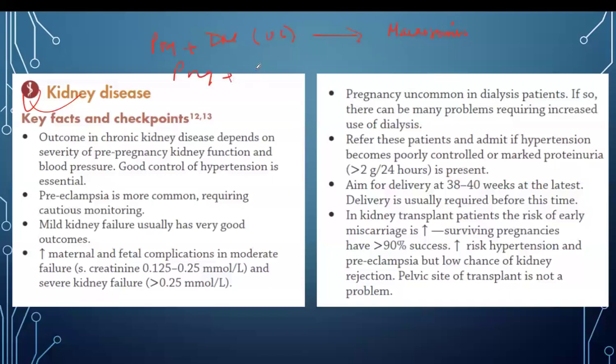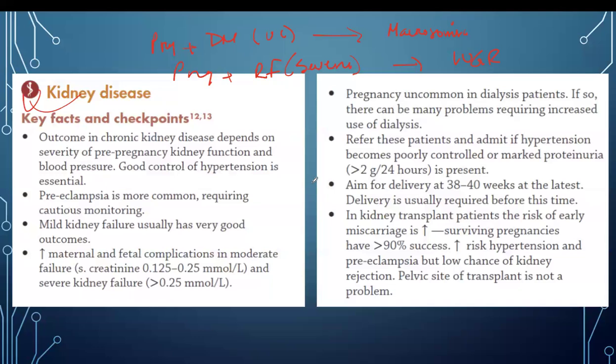Pregnant patient has got renal failure or kidney impairment. If it is severe kidney impairment, the risk is IUGR, so intrauterine growth restriction. Sometimes they give both in a patient.